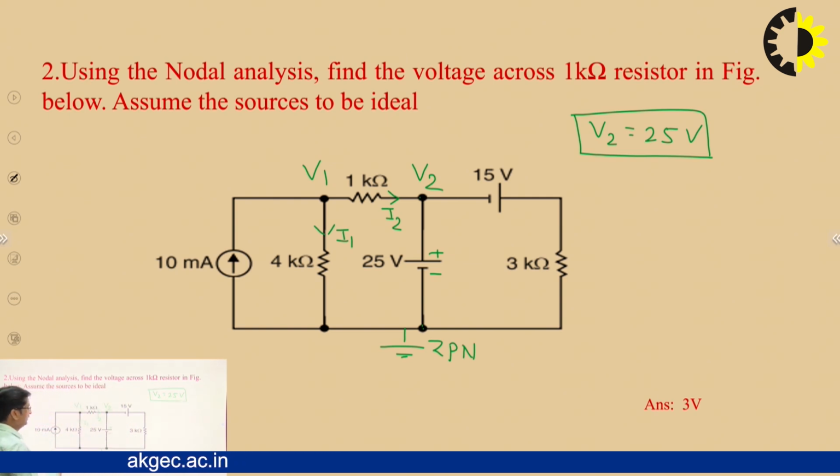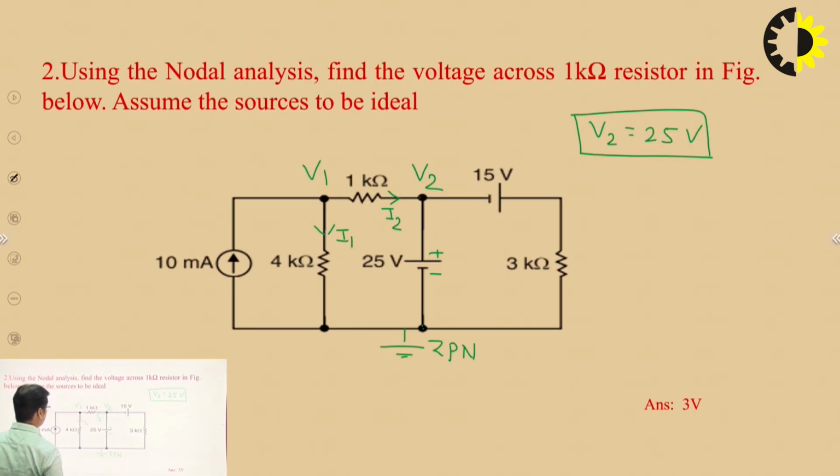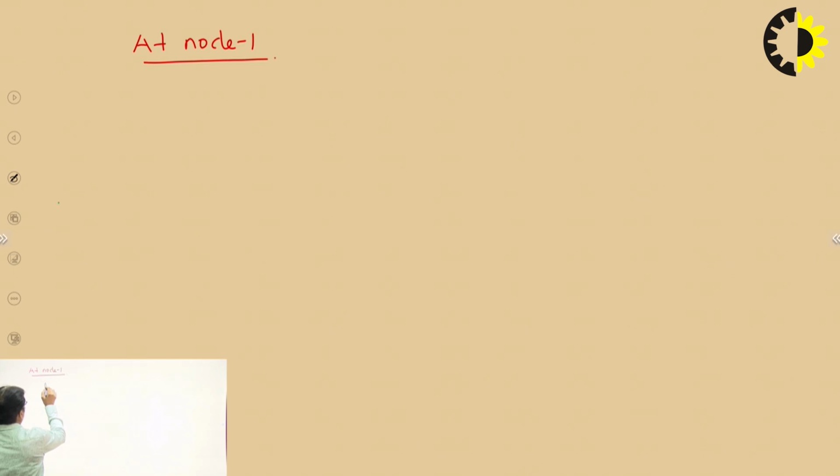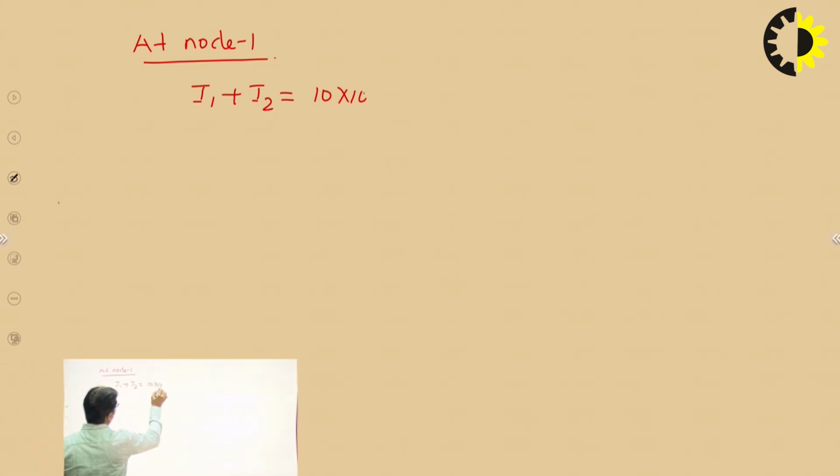Now I can write the nodal equation at node 1: I1 plus I2 is equal to 10 milliampere.